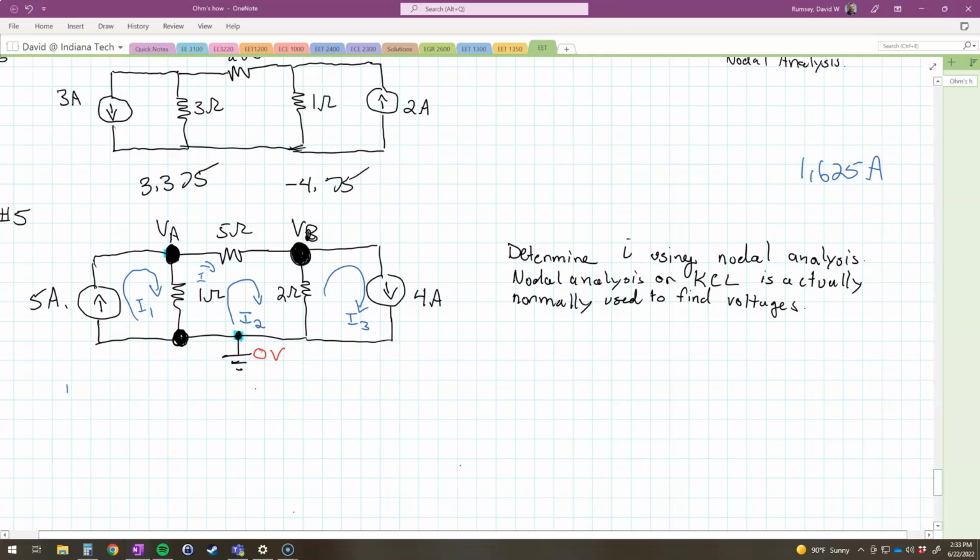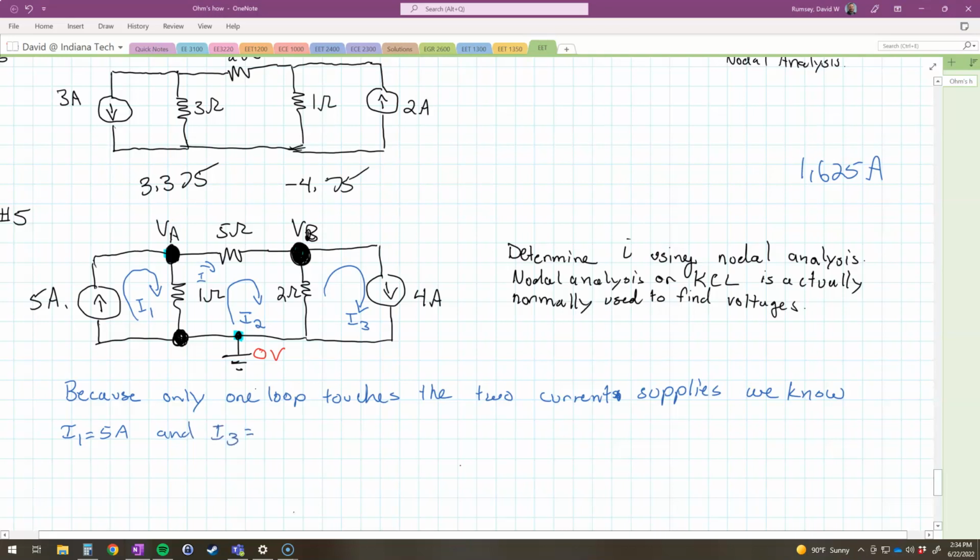Now, because only one loop touches the two current supplies, we know that, for instance, I1 is equal to 5 amps and I3 equals 4 amps.